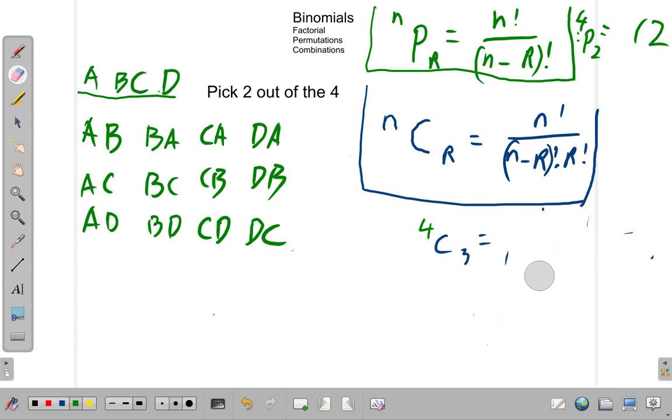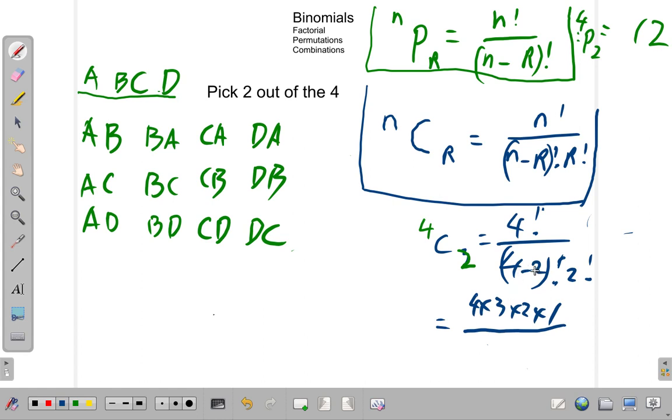Let us see what would happen here if we look at the combination 4C2. You arrange 2 from 4. This will be 4 factorial over 4 minus 2 factorial, which is equal to 4 factorial, which is 4 by 3 by 2 by 1, divided by 4 minus 2, which is 2.